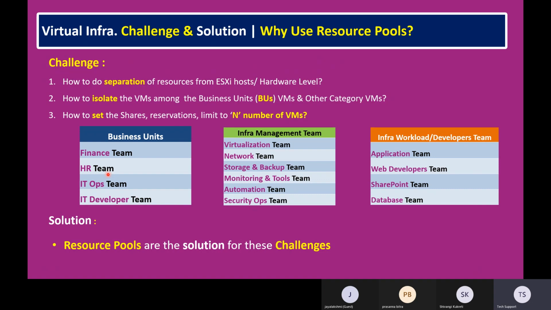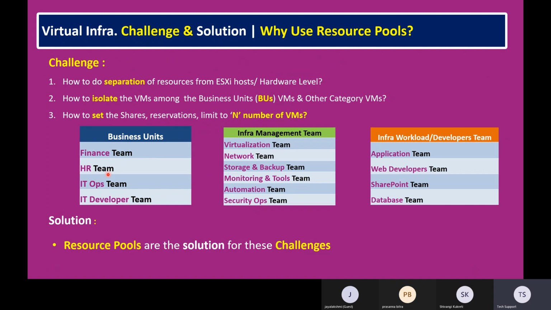You may ask why the HR team needs an ESX box. Even HR also uses some applications, payroll related applications, and in order to run their applications they need some virtual machines to run the HR portal, and even our personal employee account portals and all. It will run on the backend on some virtual machines only.